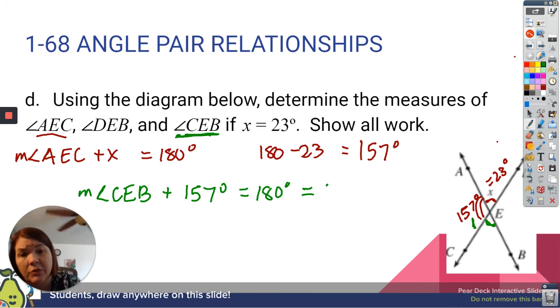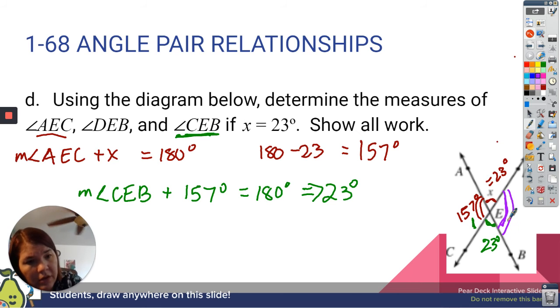If I subtract, I should get 23 degrees for this one. And then this angle here and that angle I just finished make a linear pair, and so that's going to be 157.